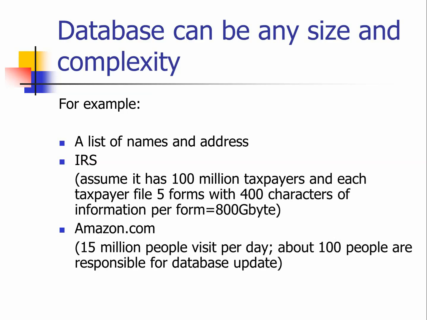Assuming it has 100 million taxpayers, and of course that's underestimated, and each taxpayer only files 5 forms with 400 characters of information, that's basically as big as 800 gigabytes already. And people usually have more forms, and of course we have more people making the tax filings.